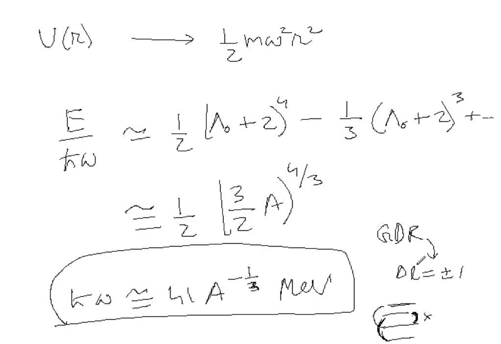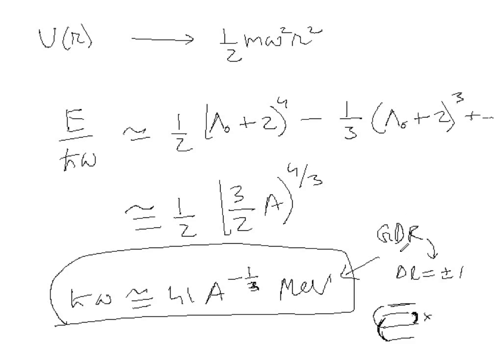They correspond to the giant dipole resonances. And the position of the peak varies with the mass of the nucleus as given by this term. So this is a good example of the application. This equation gets a sort of experimental verification in the giant dipole resonance.